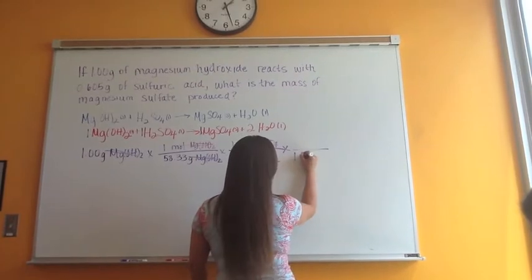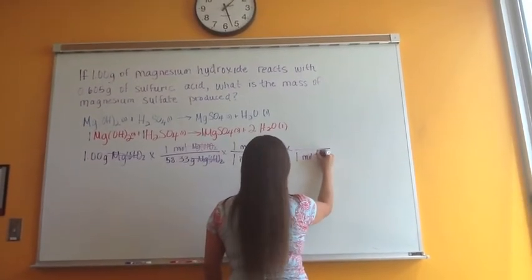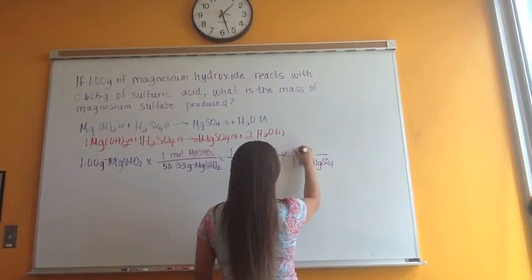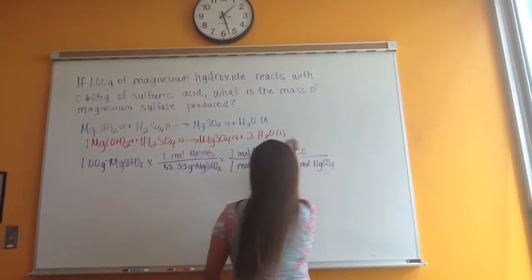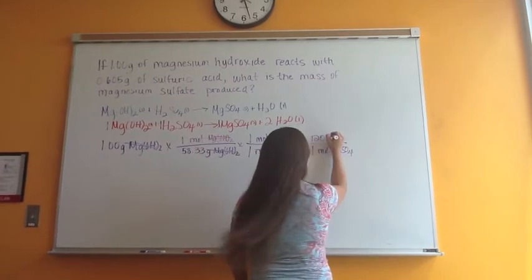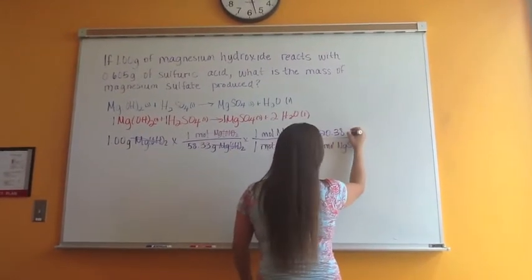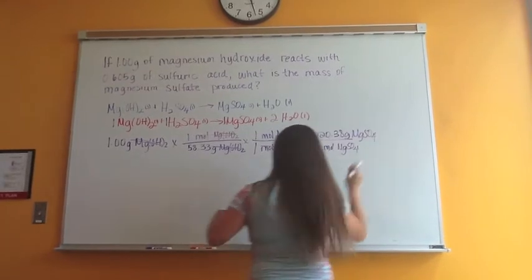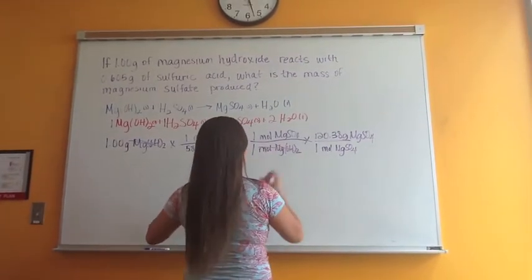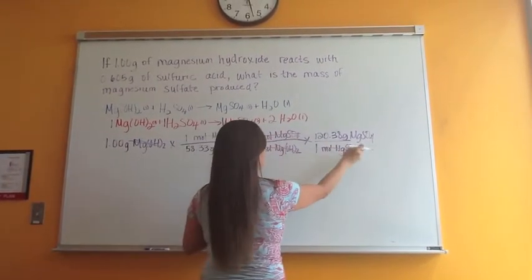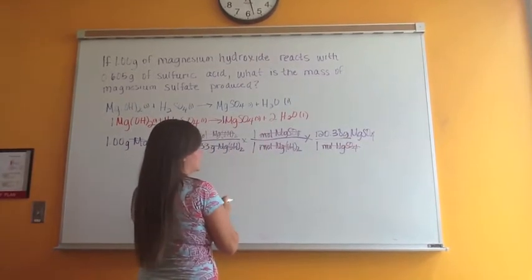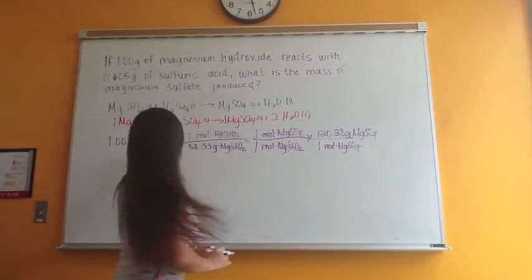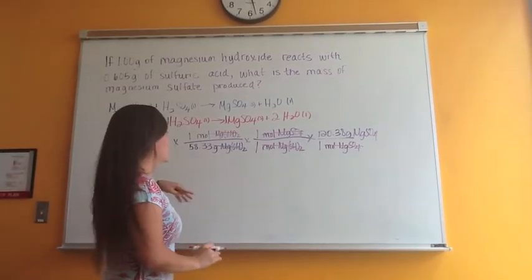So we put the 1 mole of magnesium sulfate down here, and that is 120.38 grams of magnesium sulfate. From there, we can get rid of these moles, and what we're left with is the mass of magnesium sulfate after it reacts with 1 gram of magnesium hydroxide.